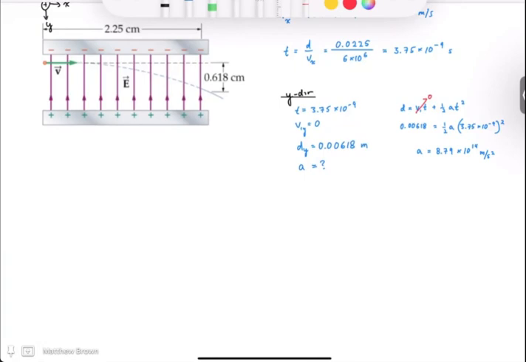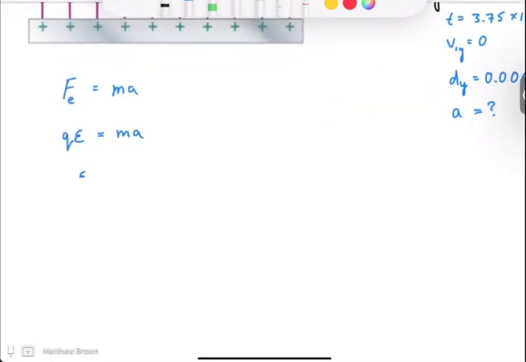Then I can use the fact that the electric force in this case is just ma, which means qE equals ma. Thus, the electric field, which is one of the things I want, equals ma over q. The mass of an electron, if you haven't memorized it, is 9.11 times 10 to the negative 31, not very massive at all.